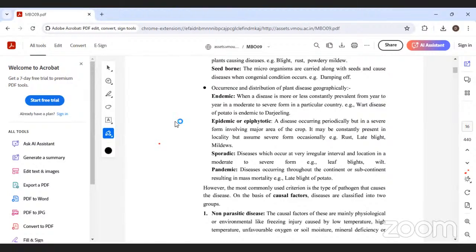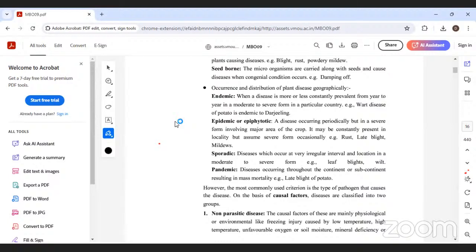You can observe this in crops where the major crop is grown. It may be constantly present locally, but assumes severe form occasionally. Examples: rust disease, late blight disease, powdery mildew disease. These are called epidemic or epiphytotic diseases.